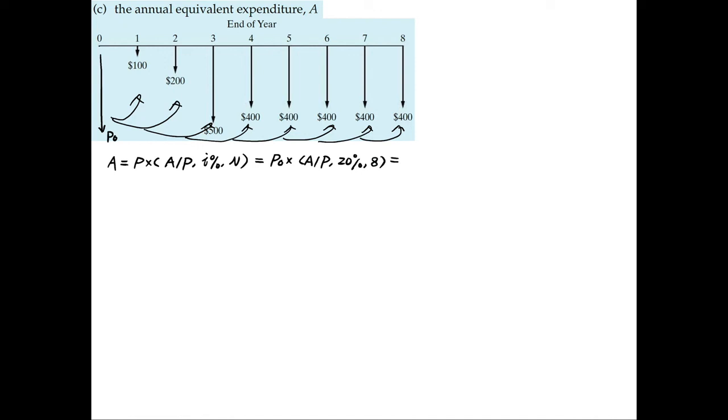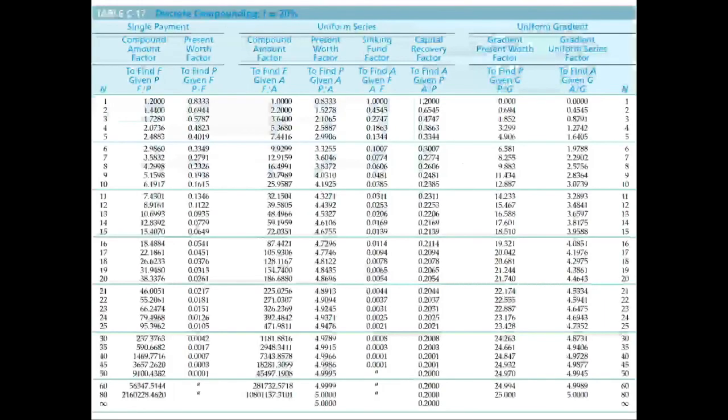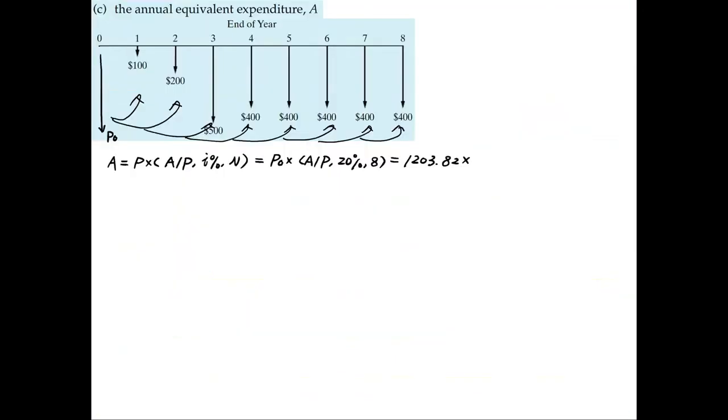How many years are you going to distribute the money? It's 8 years, so N is 8. P0 is 1203.82, and the factor A/P, that's the column, number of years 8. So this is your factor, 0.2606.